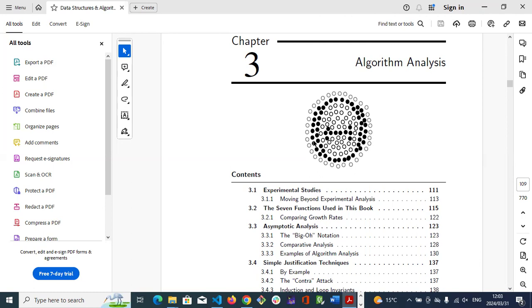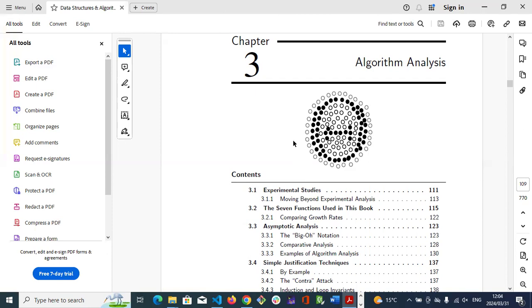Algorithm, it's the backbone of computer science, of coding. What is an algorithm? An algorithm is a step-by-step procedure, a finite set of instructions that, if followed, accomplishes a particular task.